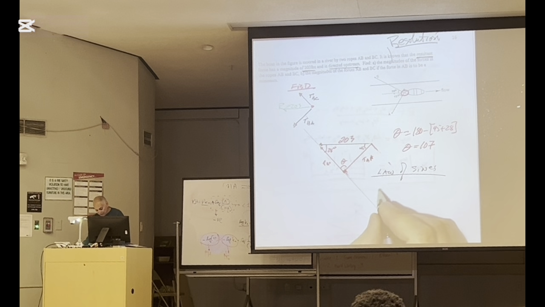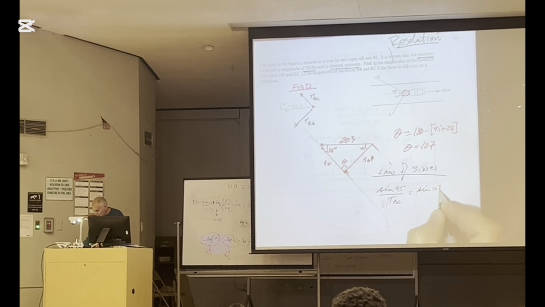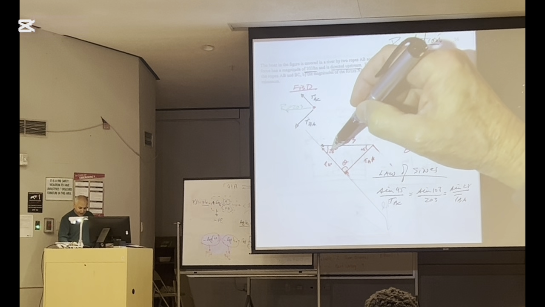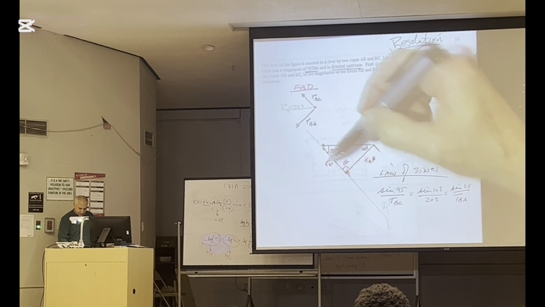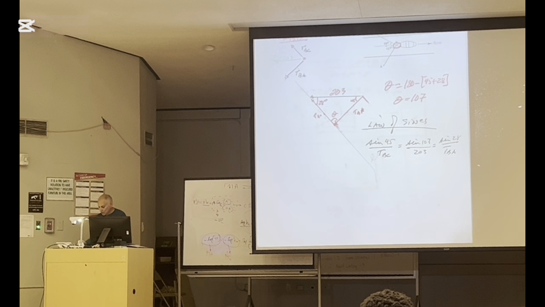I'm going to say sine 45 over TBC is equal to sine 107 over 203, which is equal to sine 28 over TBA. Again, it's the angle and the side opposite. It's the angle and the side opposite that you use as the ratios.